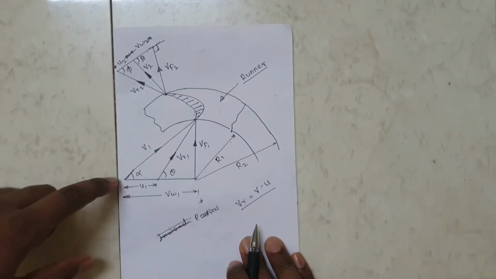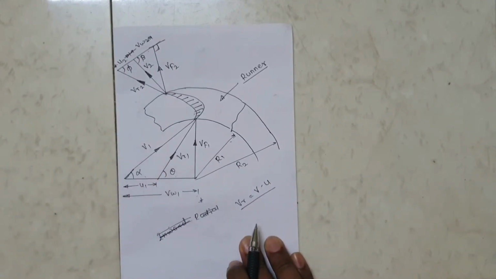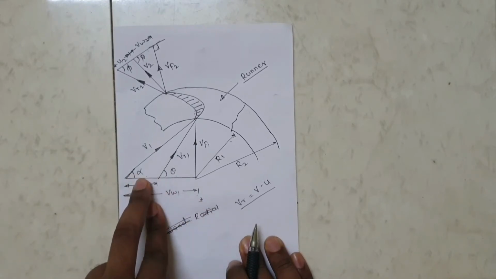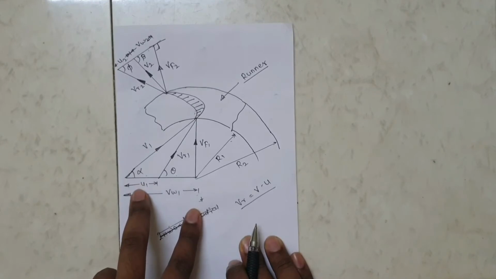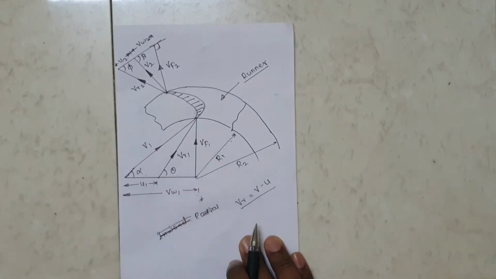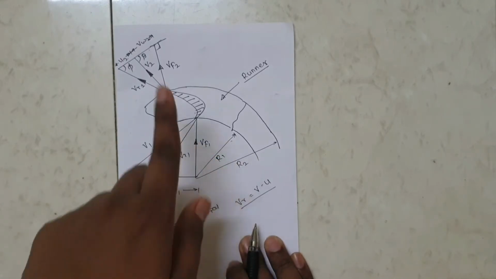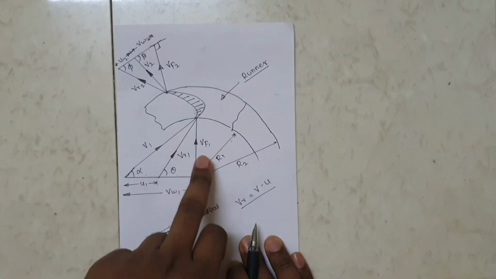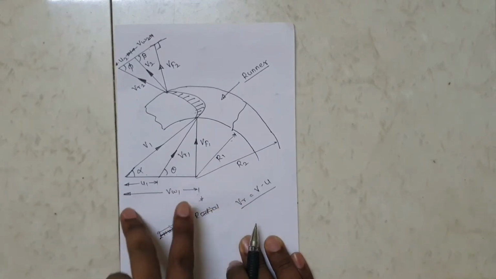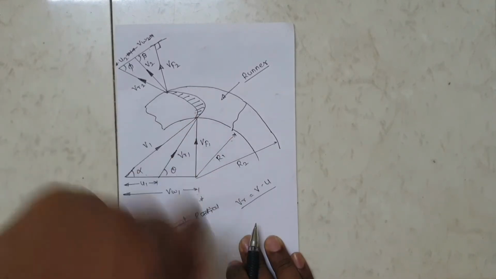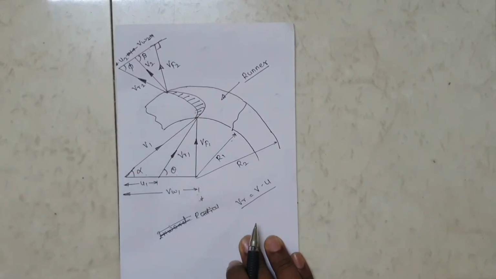And all of you know that the absolute velocity has two components. One is the horizontal, where the angle is alpha, that means the horizontal component is V1 cos alpha, and the vertical component is V1 sin alpha. That vertical component is responsible for the flow of velocity. That's why we take that vertical component as VF1, and this horizontal component is responsible for whirling of the blade, that means rotation of the blade.